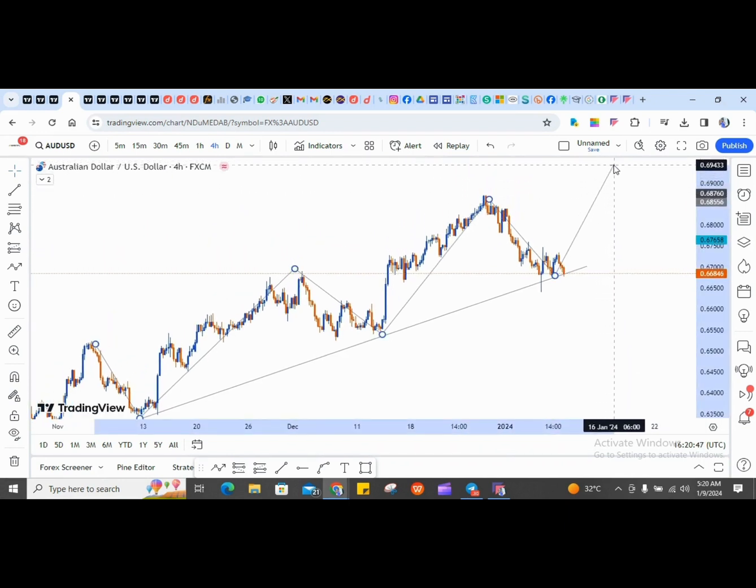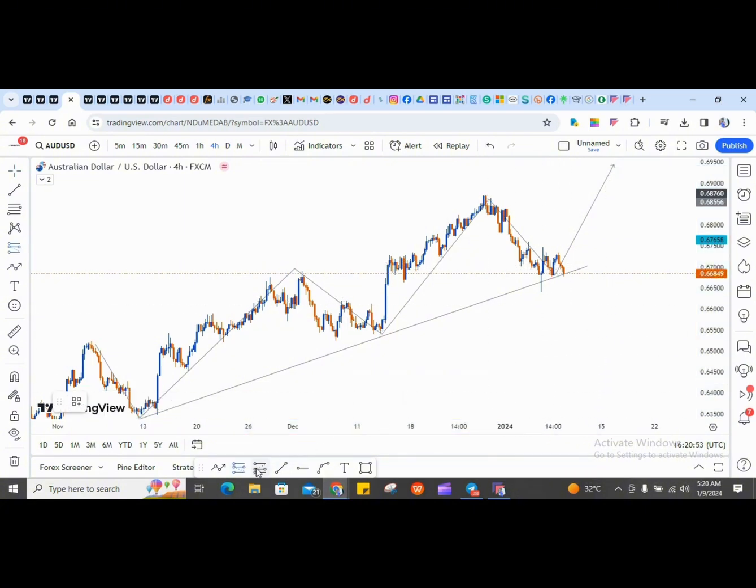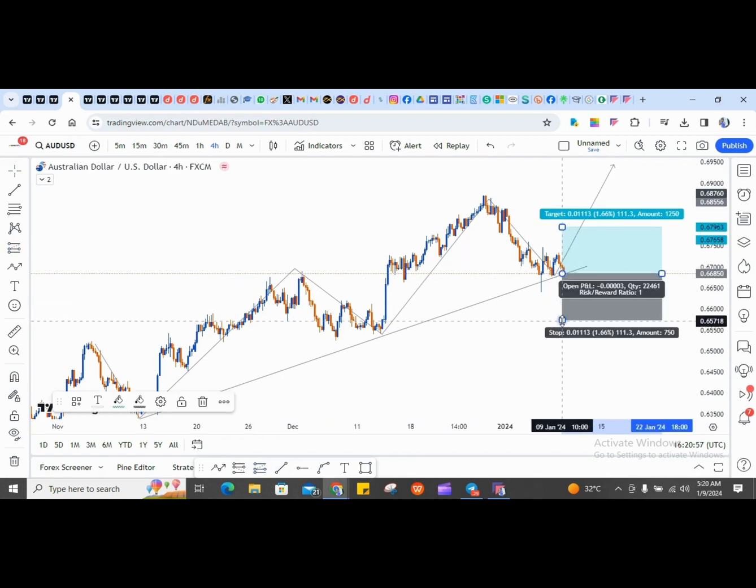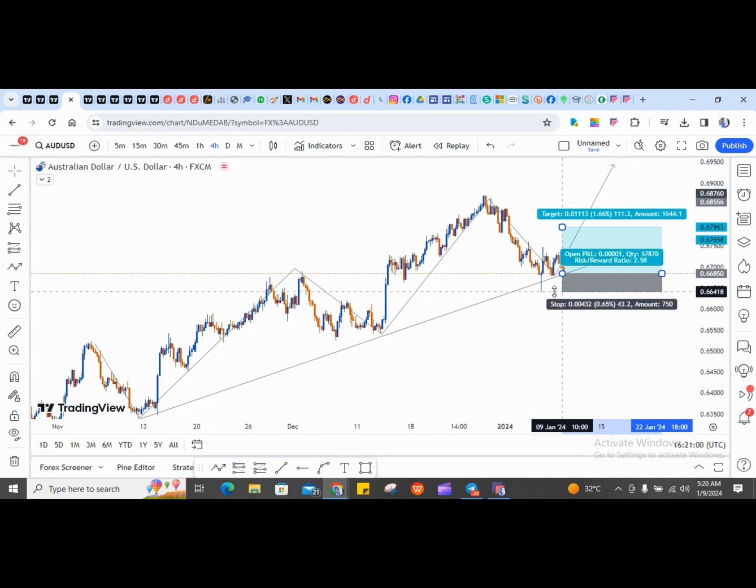If this is the only pattern you are using to trade, just trust it and make sure you are using the right risk to reward, the right take profit, the right stop loss, and the right lot size. All right. So let's use a 15 pips stop loss.